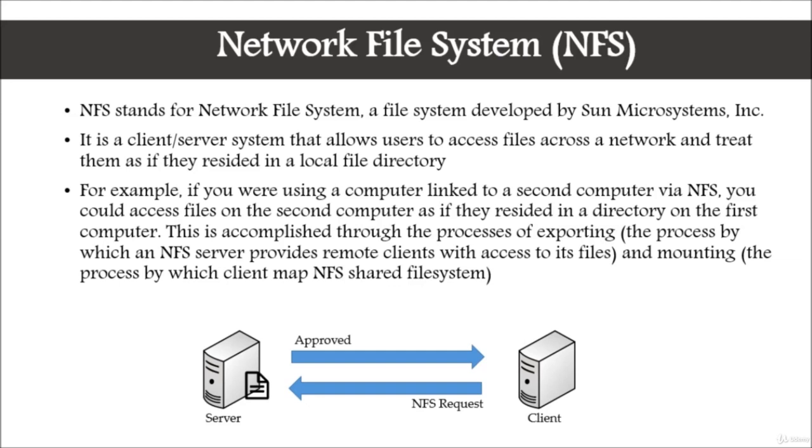First of all, let me see if I am authorized to share the file system that you want. Second, if you are authorized to view that file system. And of course, there are other options that can be defined, which we will discuss later on.